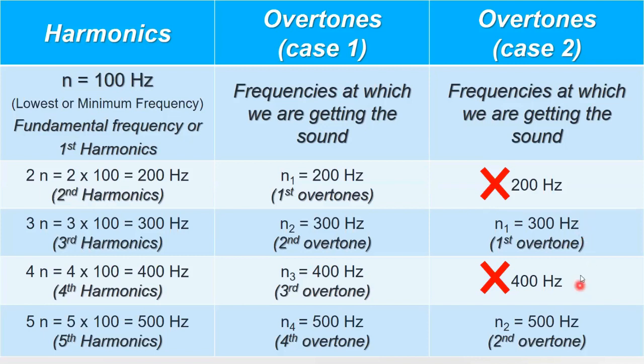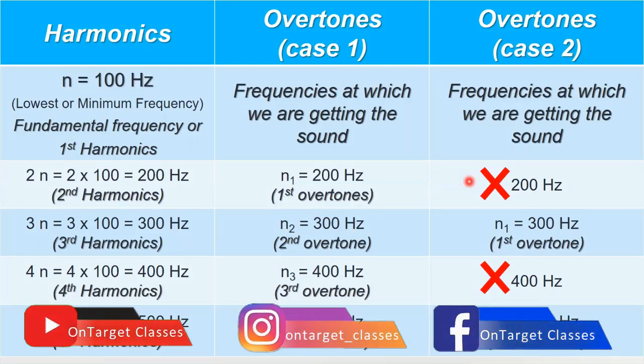Similarly, the next frequency of the sound which is present in a given instrument is not 400 hertz, but it is producing the next frequency of sound at 500 hertz. So the first sound we are getting at 100 hertz, the second sound we are getting at 300 hertz, and the third sound we are getting at 500 hertz. In case 2, we are not getting 200 hertz frequency in a given sound and 400 hertz frequency in a given sound.